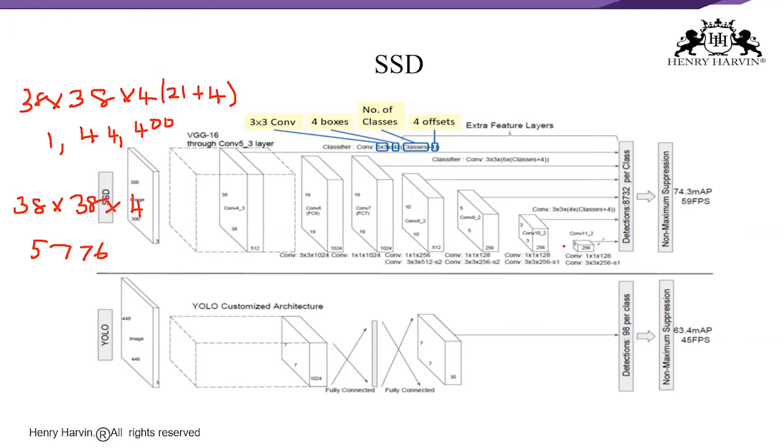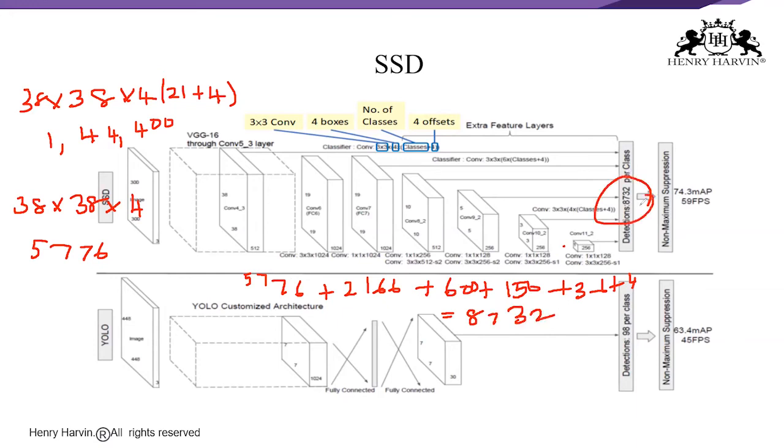If you add everything we got before, 5,776 plus 2,166 plus 600 plus 600 plus 150 plus 36 plus 4, we get around 8,732 boxes in total.